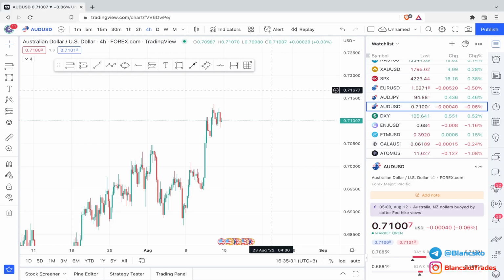Firstly watch the how to identify order blocks video. The second video is the how to refine order blocks on smaller time frame, and then you should come here and watch this video.